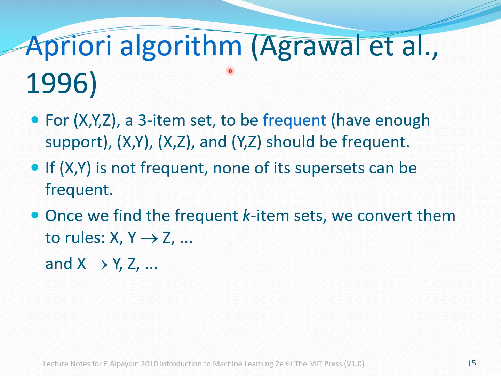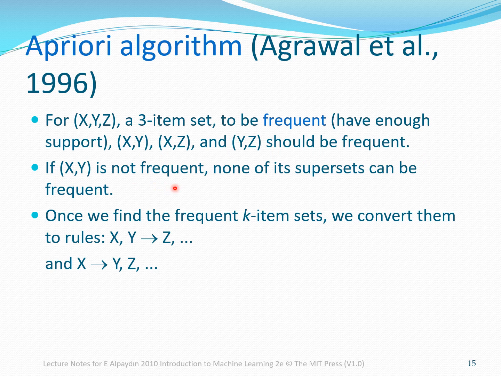Apriori algorithm. Finding frequent item sets, that is, those which have enough support, and converting them to rules with enough confidence by splitting the items into two: items in the antecedent and items in the consequent. For X, Y, Z, a three-item set, to be frequent, having enough support, XY, XZ, and YZ should be frequent.